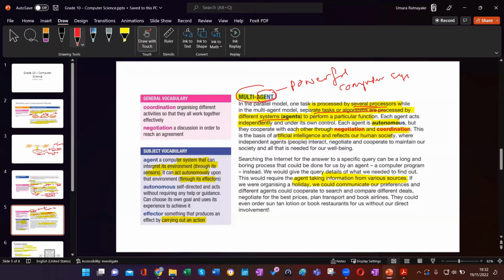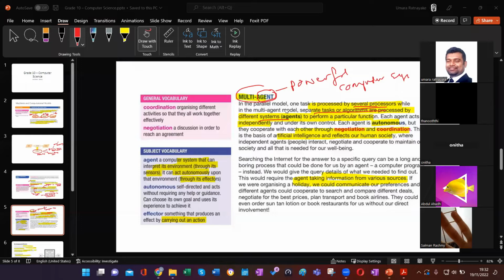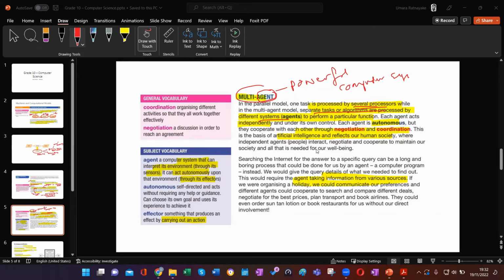One big example is big data, which you have heard about for ICT. Yes, that's right. So big data processing is an example where multi-agent systems are used, because they cannot be handled by a small microcomputer. And each agent acts independently.